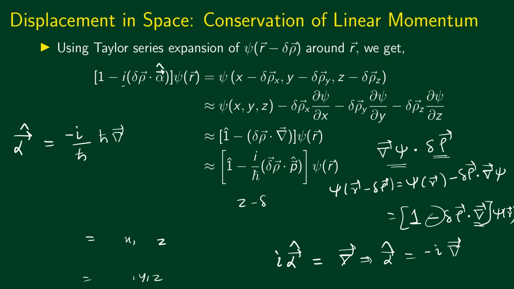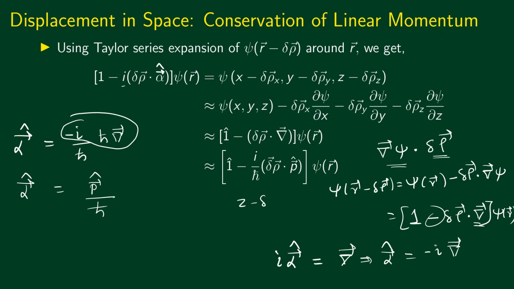I have just multiplied and divided by h bar, right? So you see that minus i h bar del vector is the position representation of the momentum operator, if you remember. So we see that alpha vector hat is actually equal to the momentum operator divided by h bar.